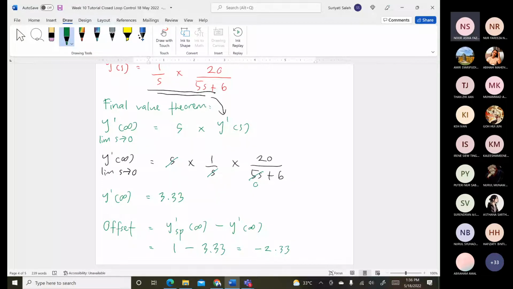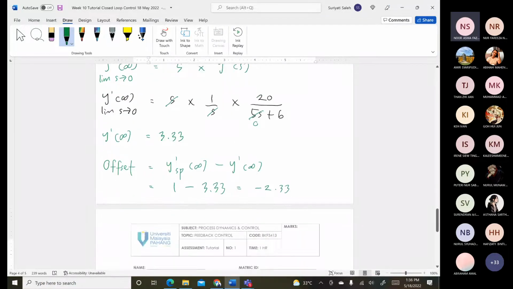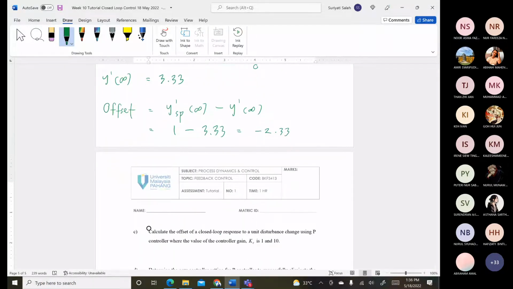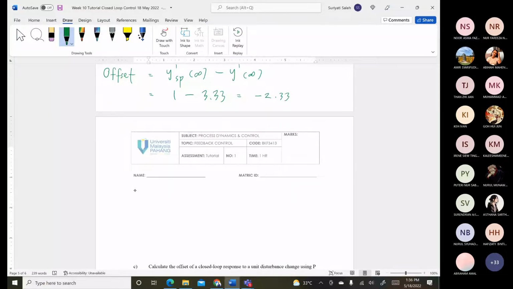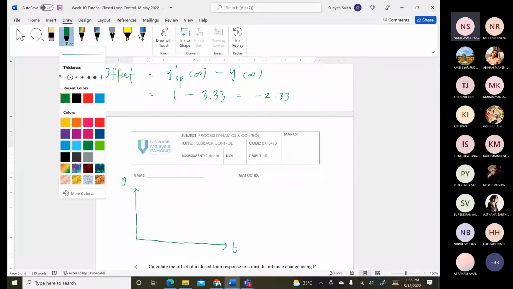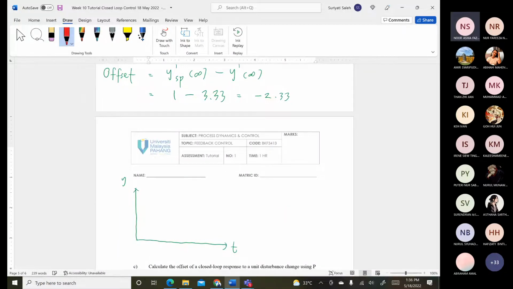So in this case, what does it mean when you have a negative offset? If we try to sketch it, y versus time, where the target value is your set point. Set point represents the value that we want to maintain.